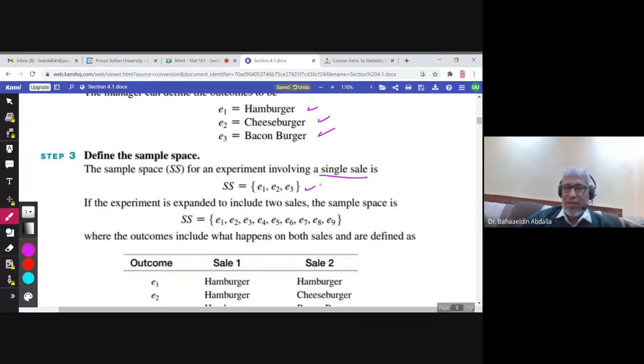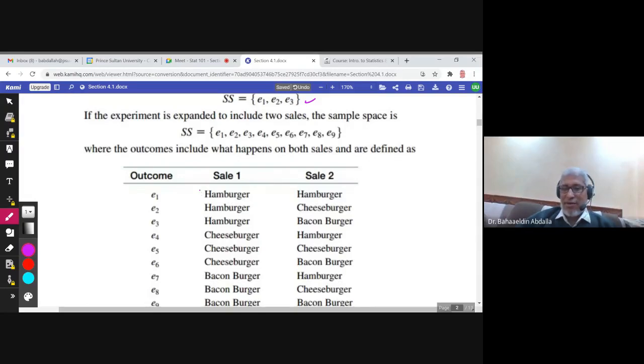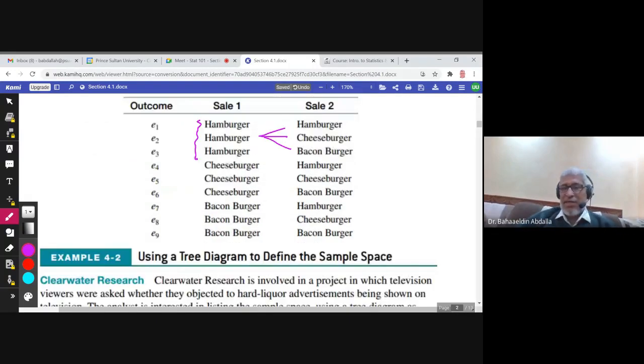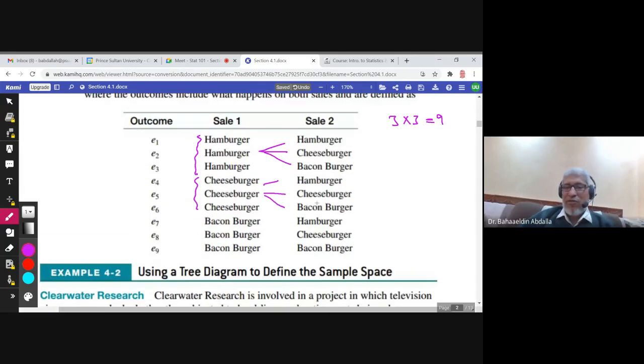If you are going to consider 2 customers, then there are 2 sales. If the first sale is hamburger, the second sale could be hamburger, cheeseburger, or bacon burger. If the first sale is cheeseburger, the second could be also one of these three, and so on. So how many possible outcomes? 3 choices for the first sale times 3 choices for the second sale. So you will have 9 different outcomes in the sample space.